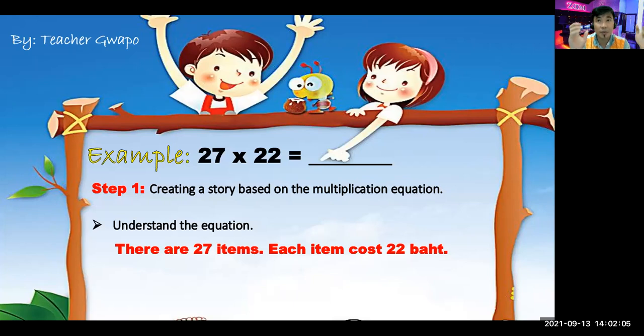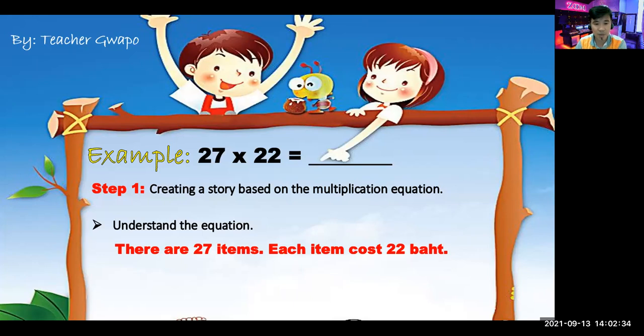Let's say the item that you want is a book. So there are 27 books, and each book costs 22 baht. Or a toy car: there are 27 toy cars, and each toy car costs 22 baht. You have to think what item you want to put in here.